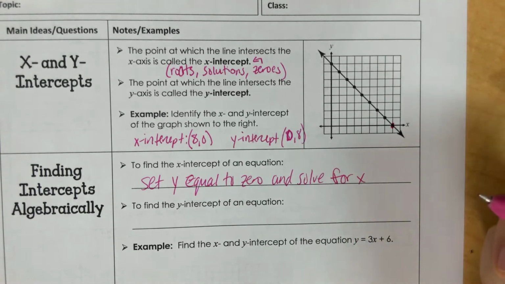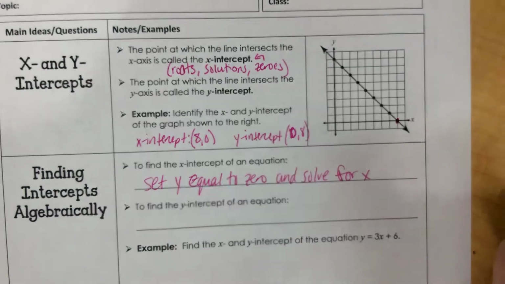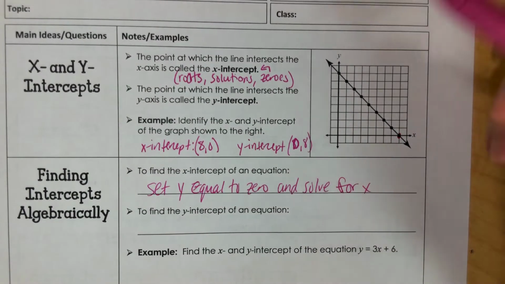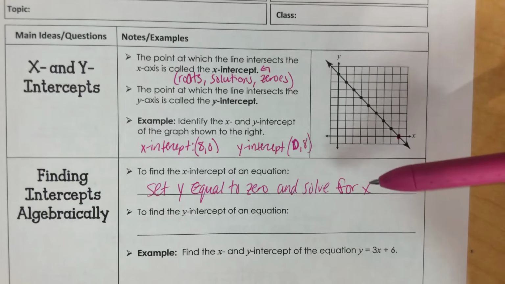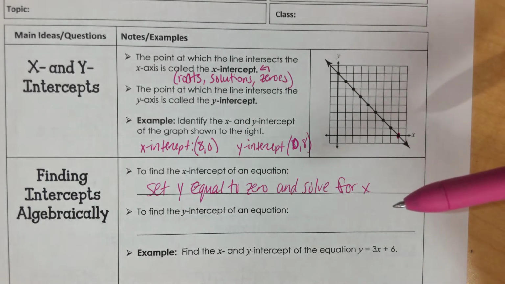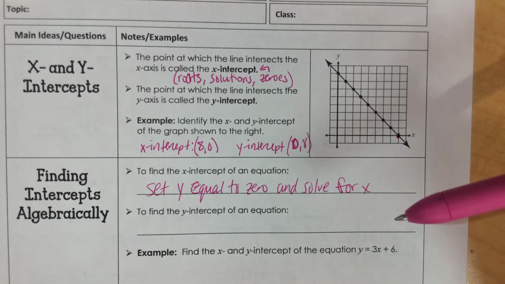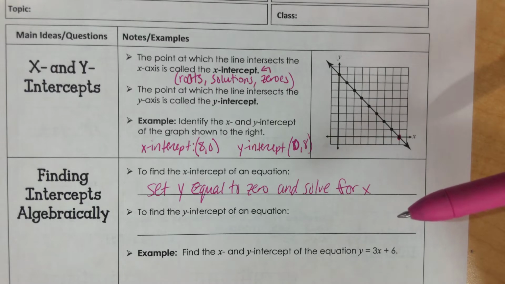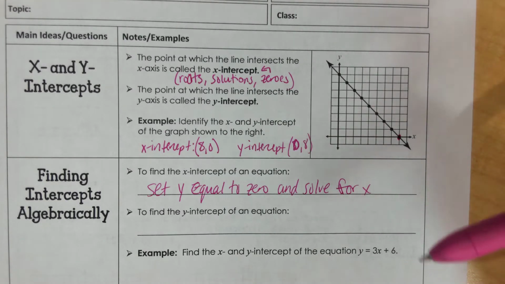So if you want to find a solution or a 0 or a root or an x-intercept, whatever is being asked of you in the question, you are going to set y equal to 0 and solve for x. And that works for any type of equation. It doesn't even have to be a linear equation. You could work that out for a quadratic or exponential or anything.